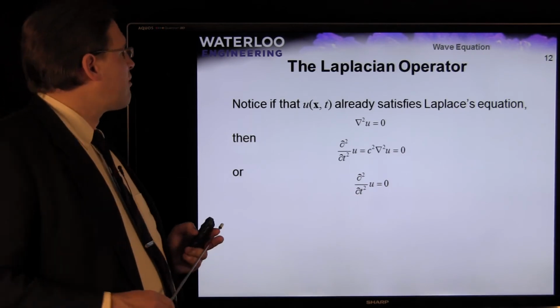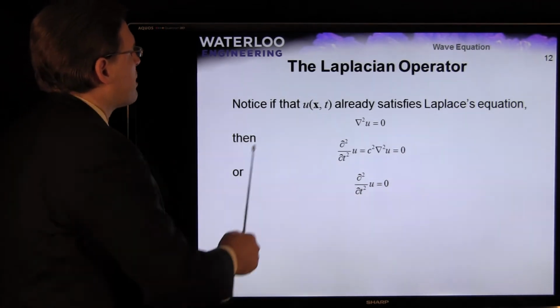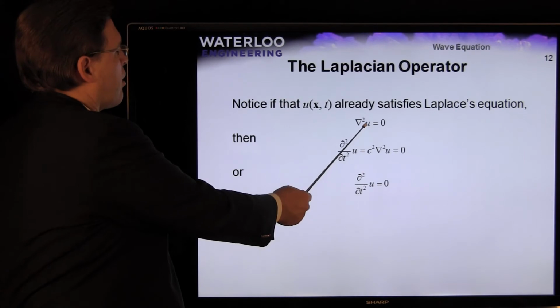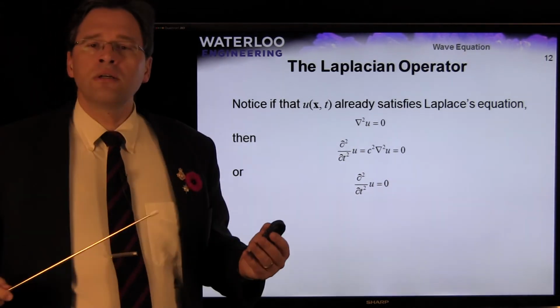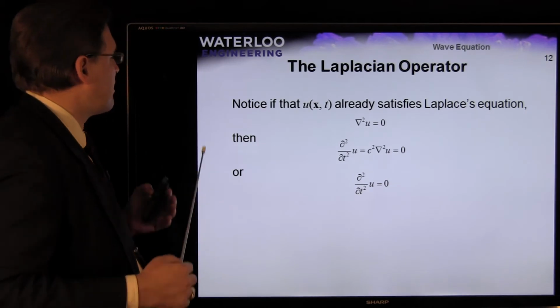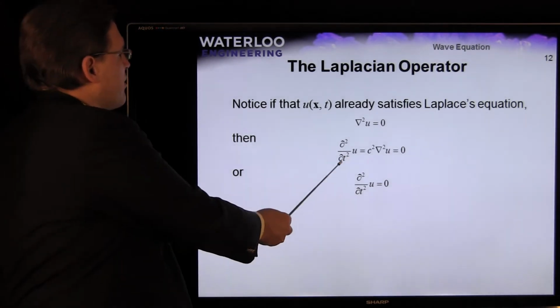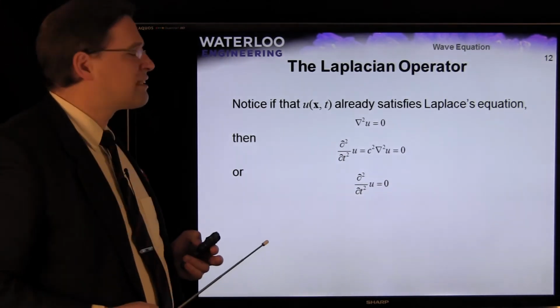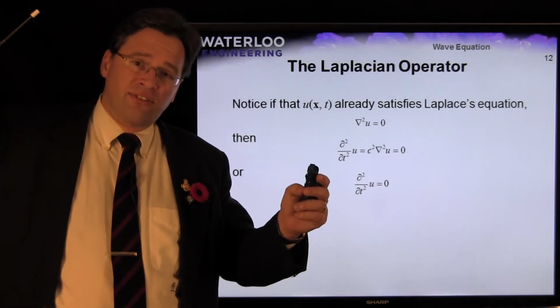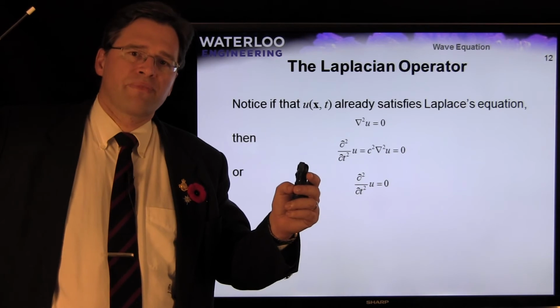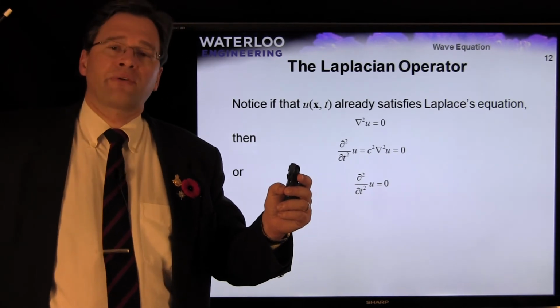Now notice that if our function u with respect to both x and t already satisfies the Laplacian for some period in time, then what that says is that if it is stable, there is no acceleration. The acceleration is equal to 0. So if we've satisfied Laplace's equation, then it's not going to be accelerating.